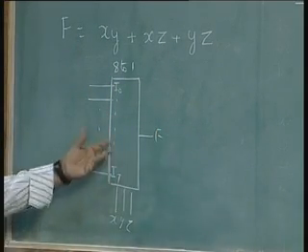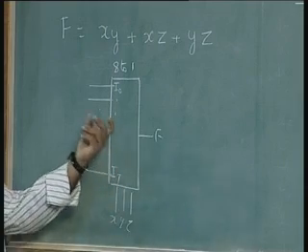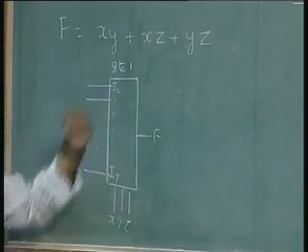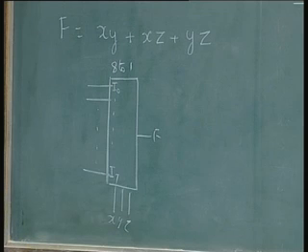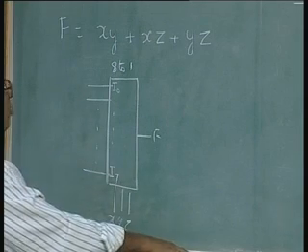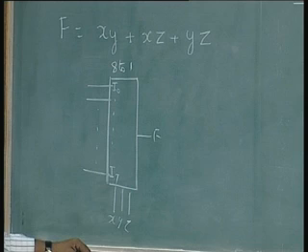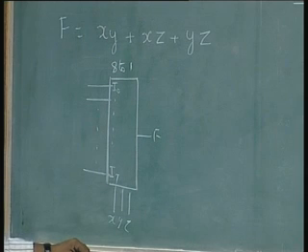Then I can also say that you do not want to have an 8 to 1 multiplexer, can I reduce it to a 4 to 1 multiplexer, as we did in the previous case. But in this example what I am going to show you is, I want to do the same implementation not using 8 to 1 multiplexers, not using 4 to 1 multiplexers, but only using 2 to 1 multiplexers.